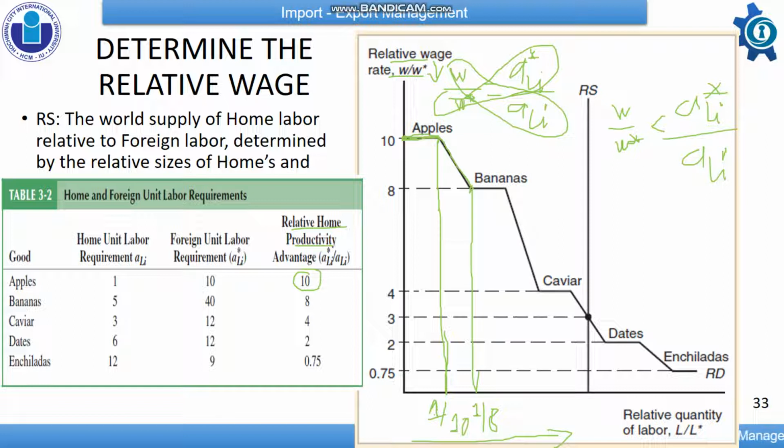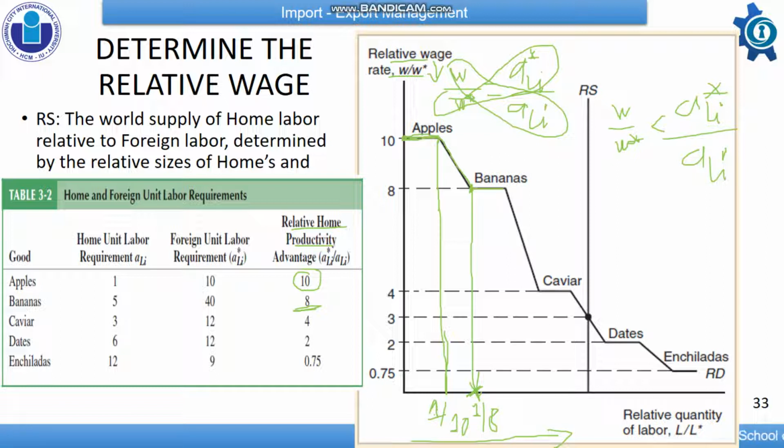At this point, when the relative wage rate is equal to the relative home productivity advantage for banana, the home country will start to produce banana.